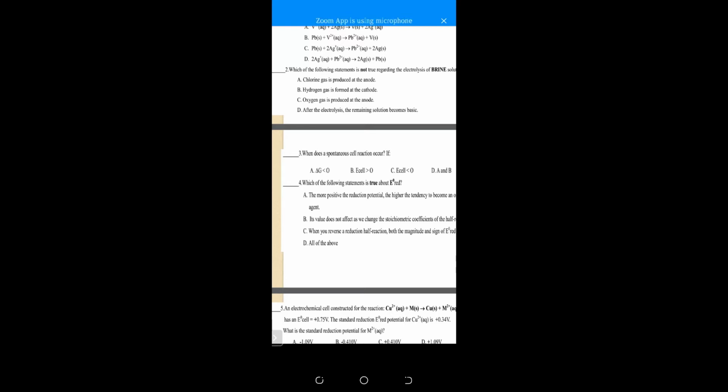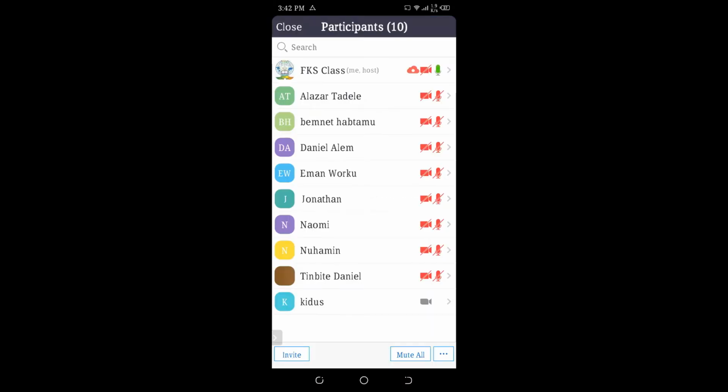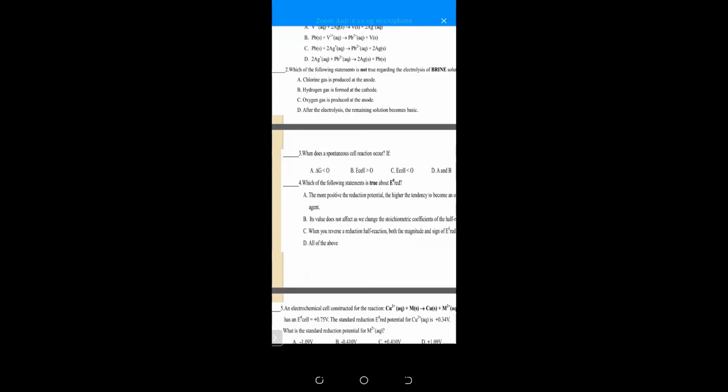These three factors are very important to predict which ion gets discharged at the anode and at the cathode. To answer this question you have to remember these important points. Now, concentration matters for whom? For the anode.